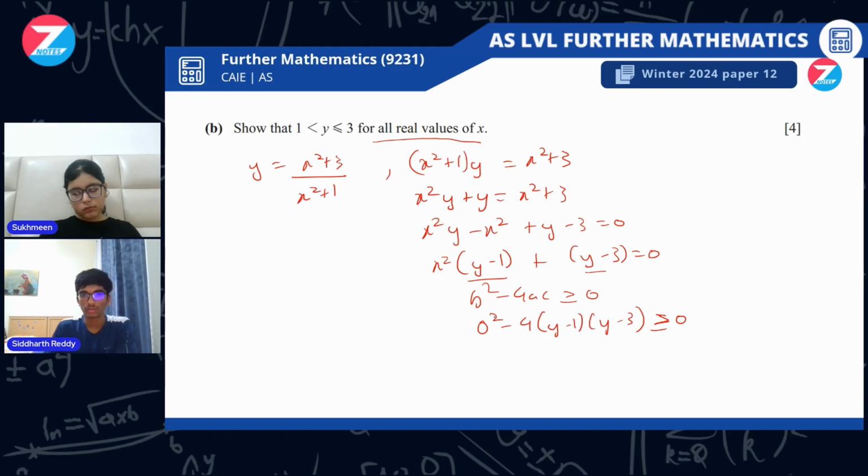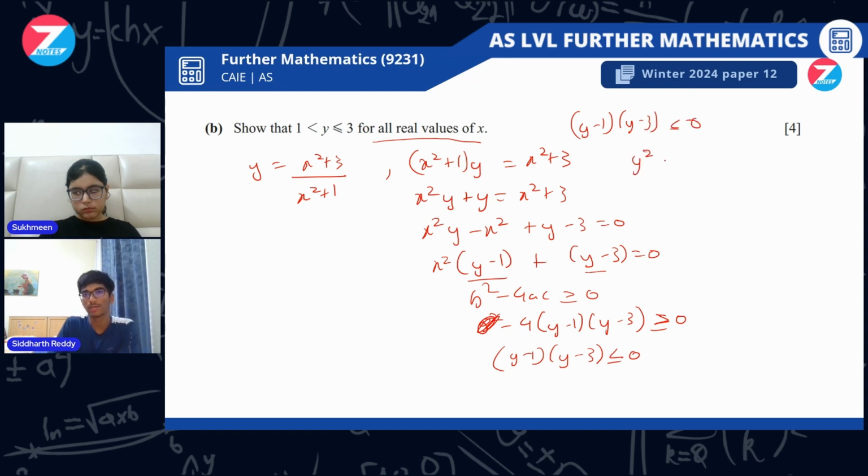So 0 we can just erase. And dividing by minus 4, we get y minus 1 into y minus 3 is less than or equal to 0. When we divide by a negative sign, the inequality gets flipped. Okay, so now we have this quadratic inequality.